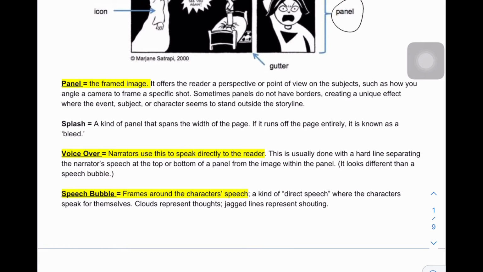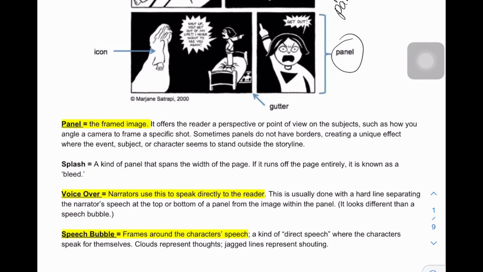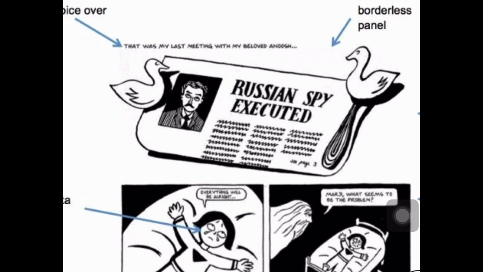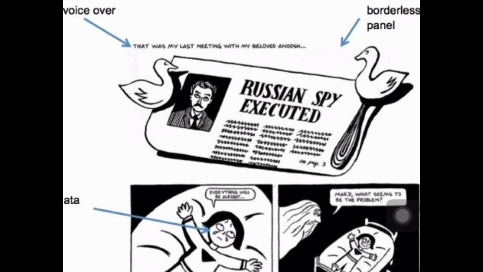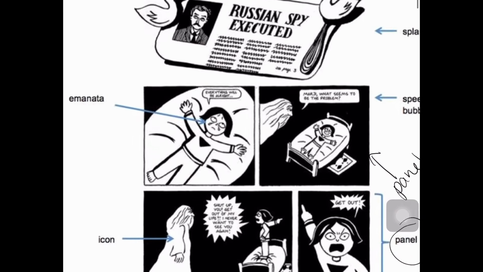Another thing you should be aware of is voiceover. So that's when the narrator speaks directly to the reader. So if you look at the top up here, we have the voiceover. It's letting the reader know exactly what the speaker of the story is trying to share.